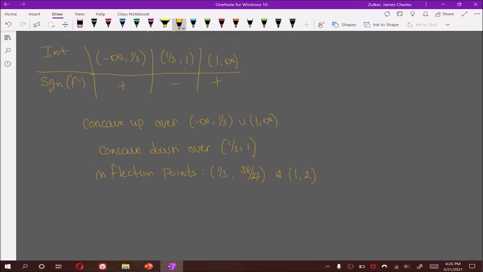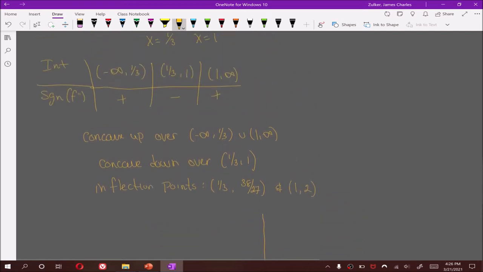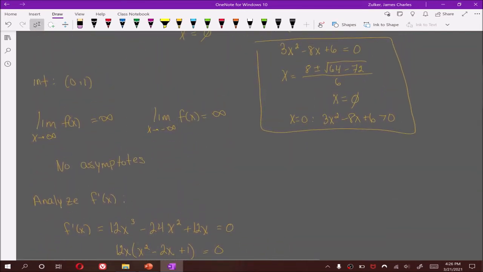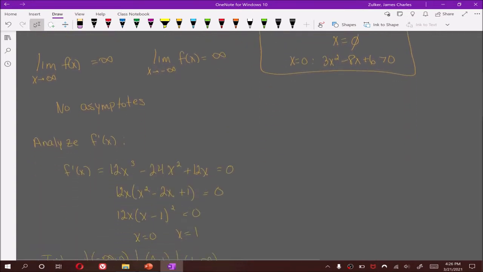Now we need to use all of this information. All right, so let's say here's our coordinate system. All right, start with intercepts. We have an intercept at 0, 1.